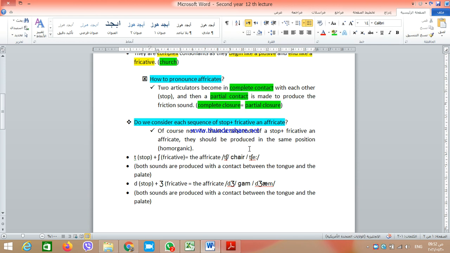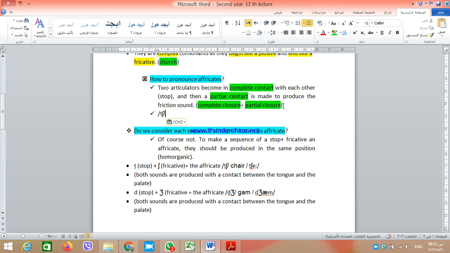So if we take the sound ch, for example, here we need to make a blockage, a complete closure for the t sound first, which requires a complete closure.